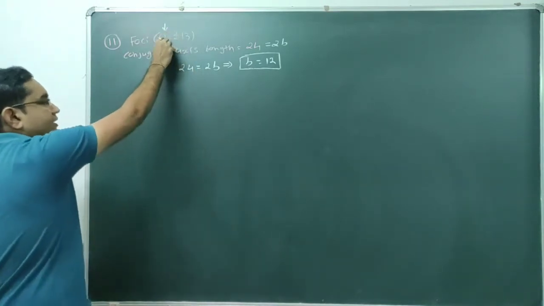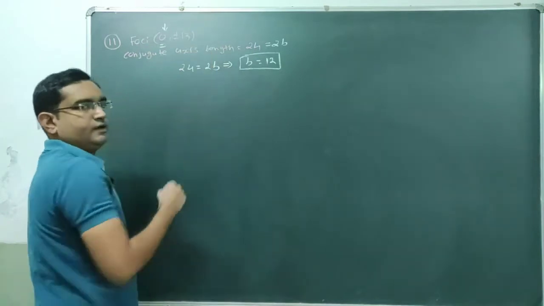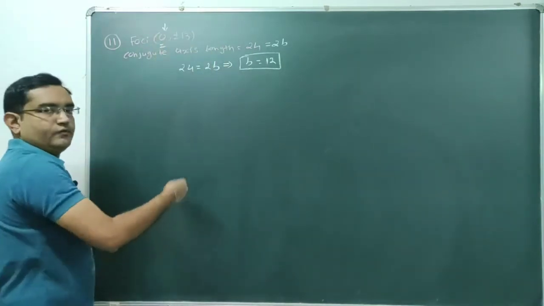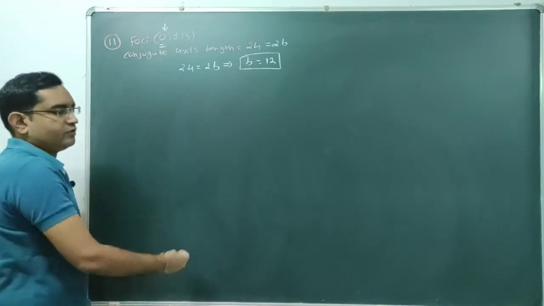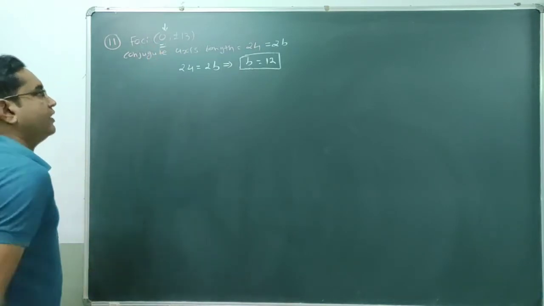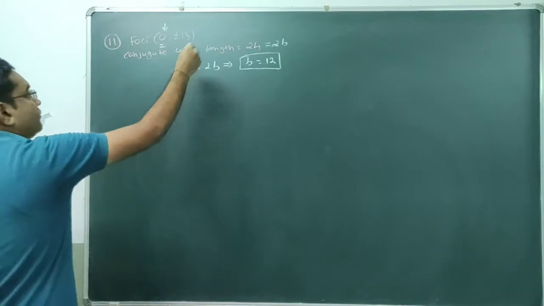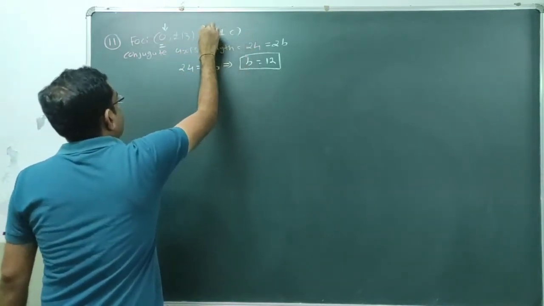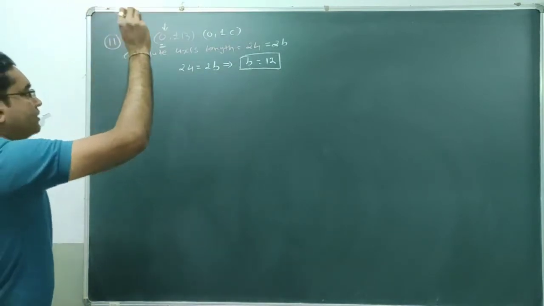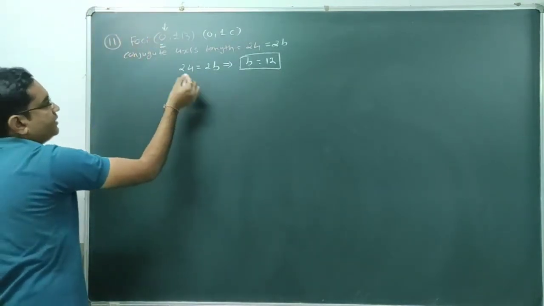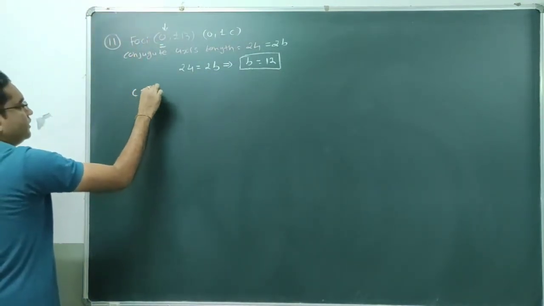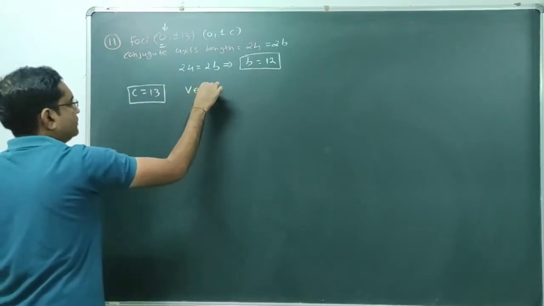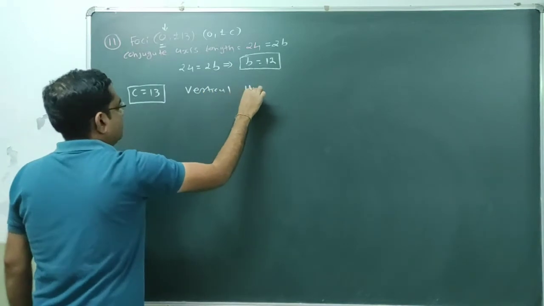The axis on which the foci lie is the transverse axis, so our transverse axis is along the y axis. It is the case of a vertical hyperbola. You have to think this through yourself. So the coordinates of foci are 0, plus or minus c. On comparison, we get c equal to 13. And this is the case of a vertical hyperbola.